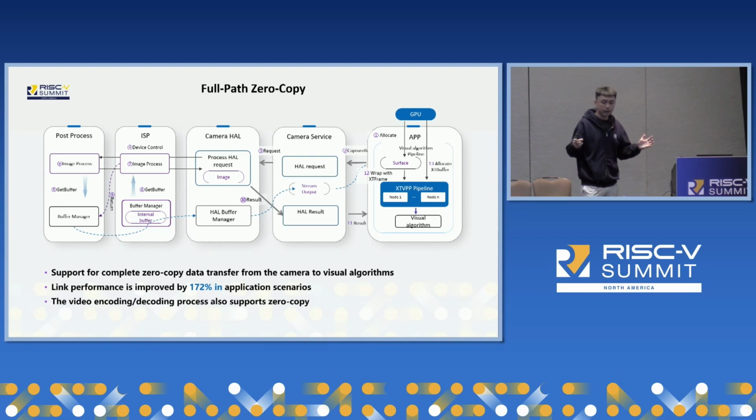So to conclude this full path zero copy optimization: we support a complete zero copy data transfer from the camera to the vision algorithms, and the link performance is improved by 172% in the application scenarios. And not only for the camera, but also for the video encoding and decoding process, we support zero copy. We use this method on the video codec.